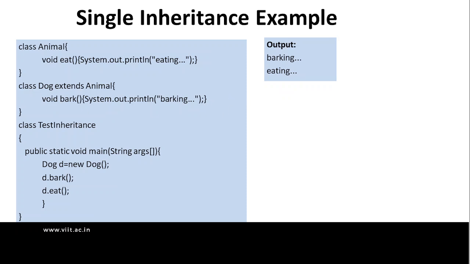Then class Test inherits this: public static void main, Dog d equals new Dog. Once you create the Dog object, d.eat method is inherited from Animal.